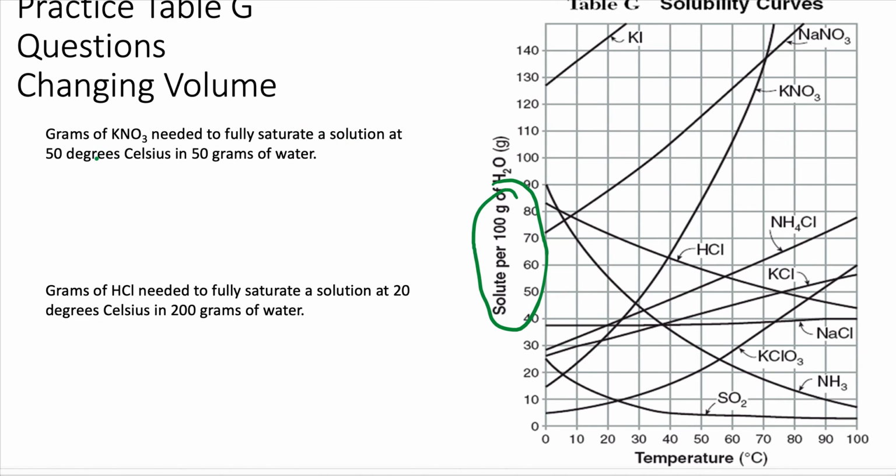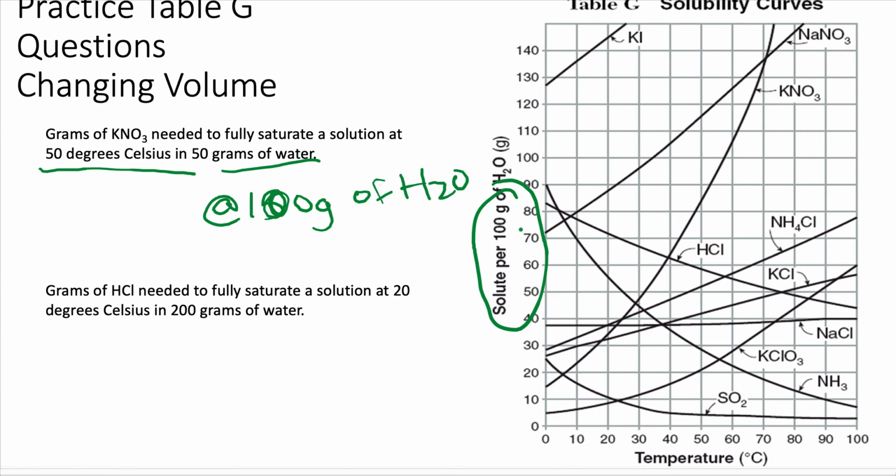So the question says the grams of KNO3 needed to fully saturate a solution at 50 degrees Celsius in 50 grams of water. So we've got to use the chart first. We'll do 100 grams of H2O first, because this is 100 grams.